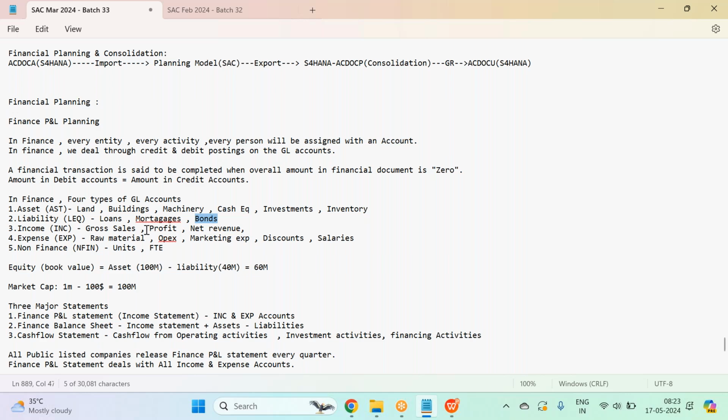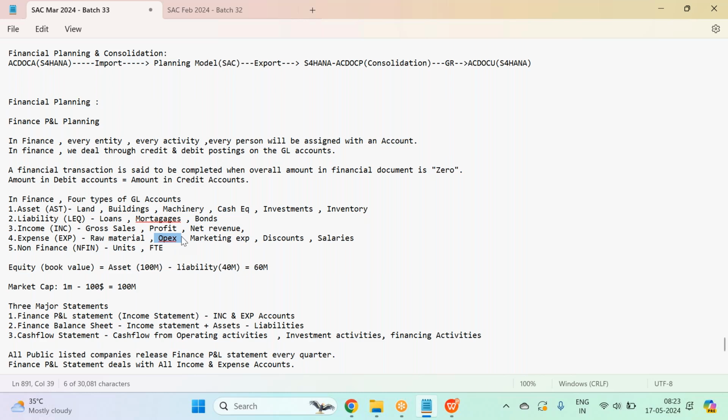Then you have income accounts. Assets and liabilities are like fixed things, guys, whereas income and expense accounts deal with the day-to-day operations of a company. Sales generated fall into income accounts; profits and net revenues all fall into income accounts. Whereas expenses: whatever we spent on raw materials for production is an expense account.